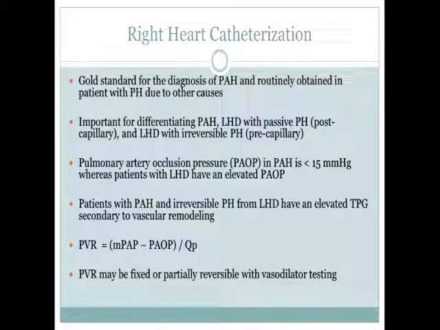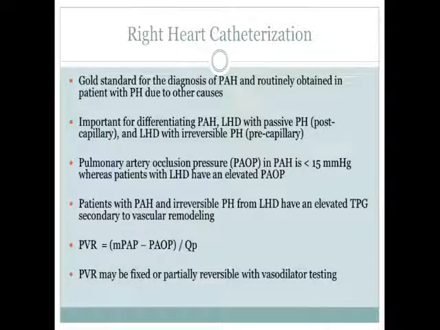So in patients with group 1 pH, their pulmonary wedge pressures are low, or less than 15, because they don't have elevated left-sided pressures. And that distinguishes them from group 2 pH, where you have elevated capillary wedge pressures, which they define here as greater than 15. And patients, as I just talked about earlier, in group 2 pH who have purely post-capillary pH have a low PVR.